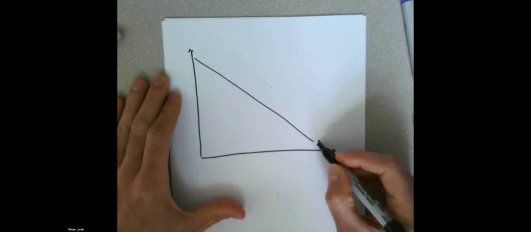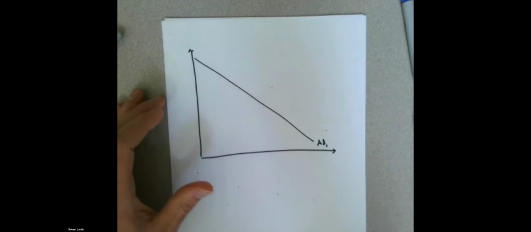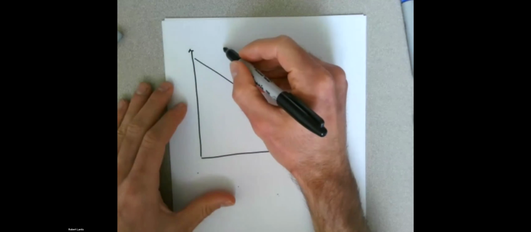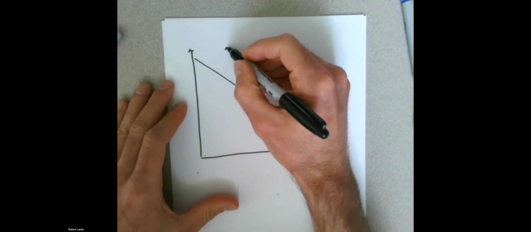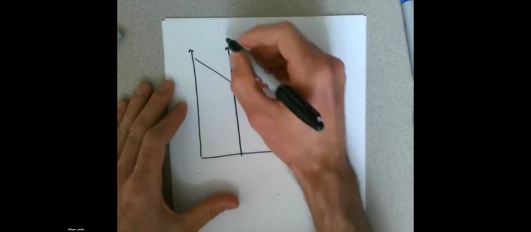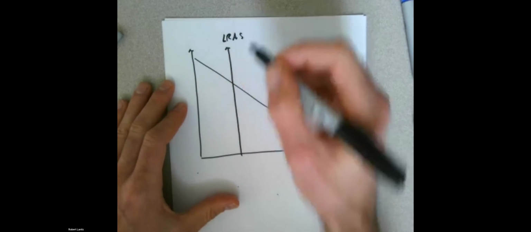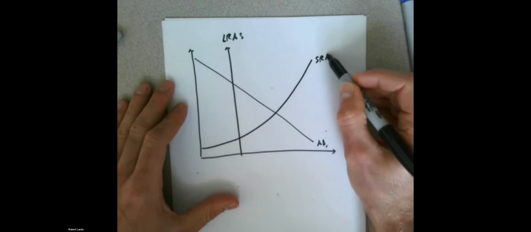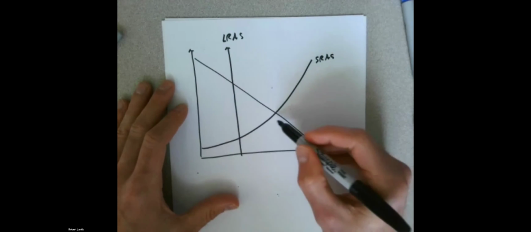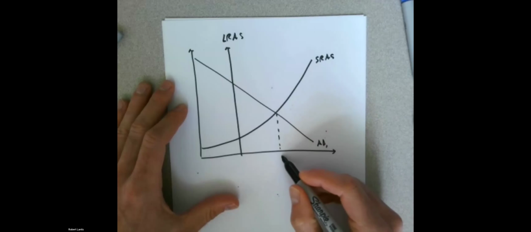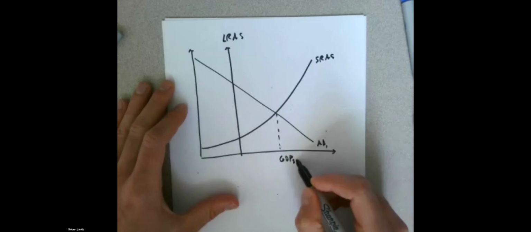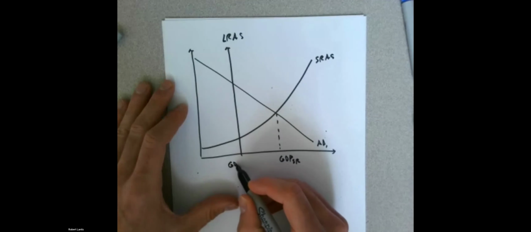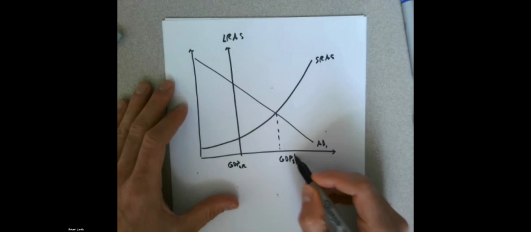So let's say I've got aggregate demand. And initially, here's my long run aggregate supply. Here's my short run aggregate supply. So I started out. Here was my short run. Here was my long run GDP.